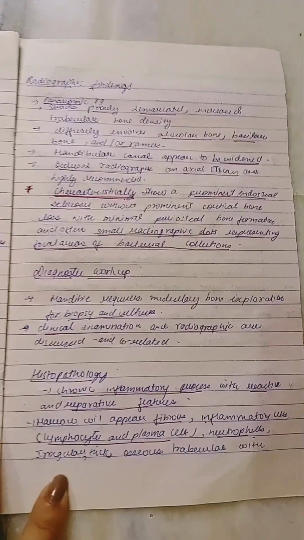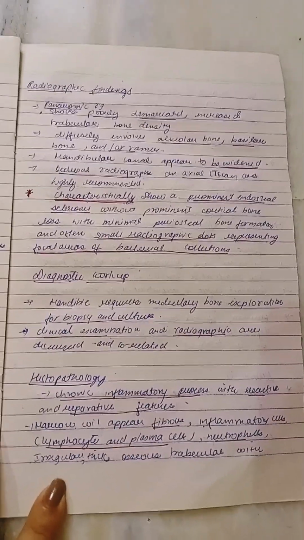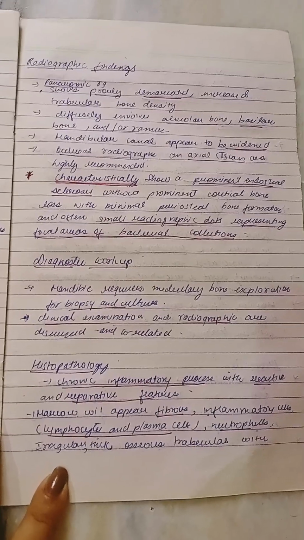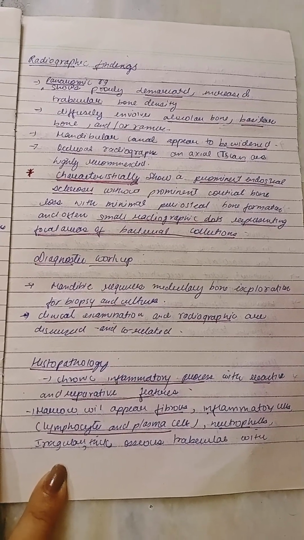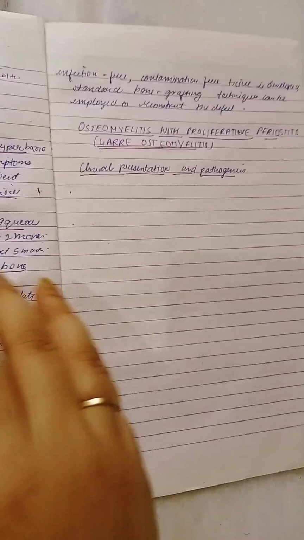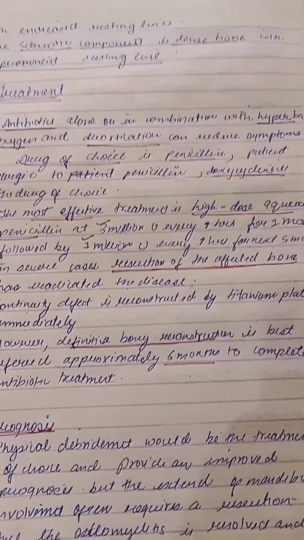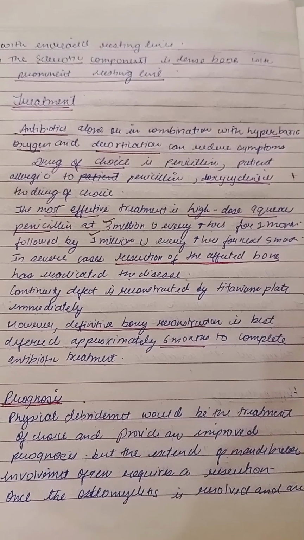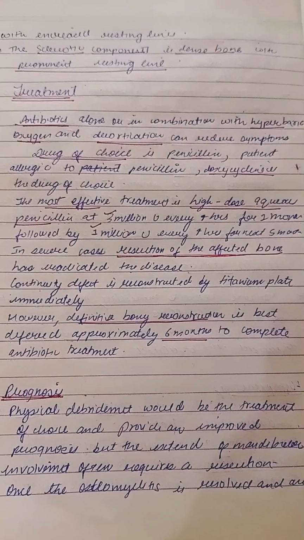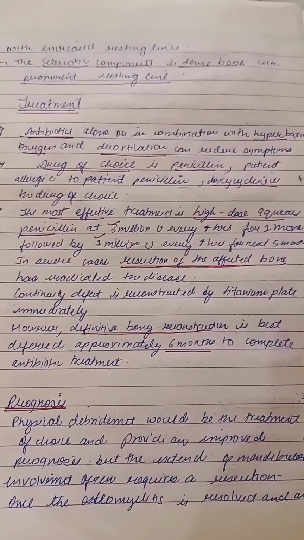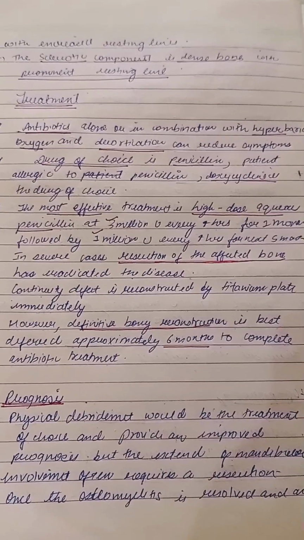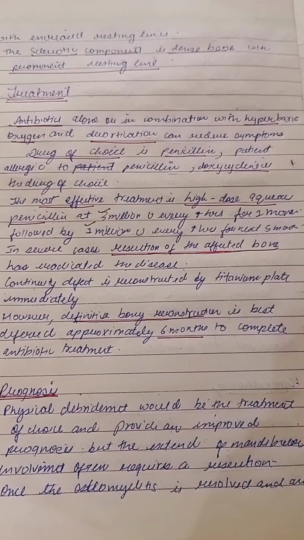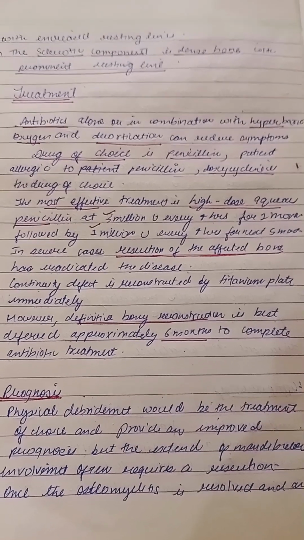The marrow will appear fibrous, with inflammatory cells like lymphocytes and plasma cells, neutrophils, and irregular thick osseous trabeculae with increased resting lines. So the resting lines appear prominent. The sclerotic component is dense bone with prominent resting lines. So when we talk about sclerosis, the sclerotic component is the dense bone with prominent resting lines.